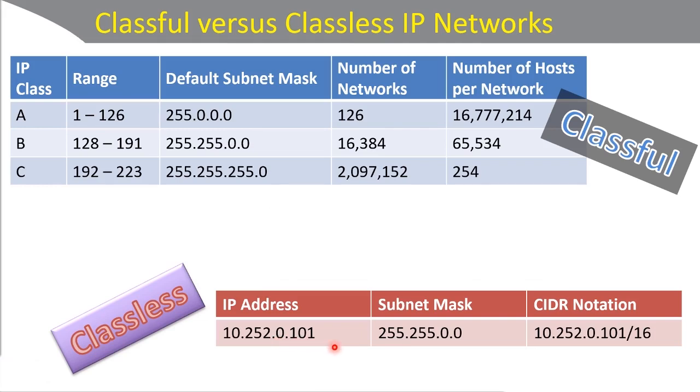This is also known as CIDR, Classless Inter-Domain Routing, pronounced "cider". And the CIDR notation for this, you could show the IP address and then a /16. Why? Because if we convert these decimal numbers to binary, what you would get is 11111111 dot 11111111 dot, and then 8 zeros and 8 more zeros.